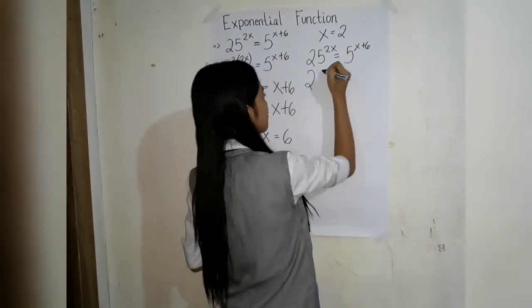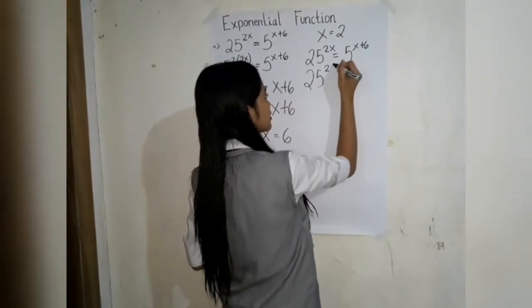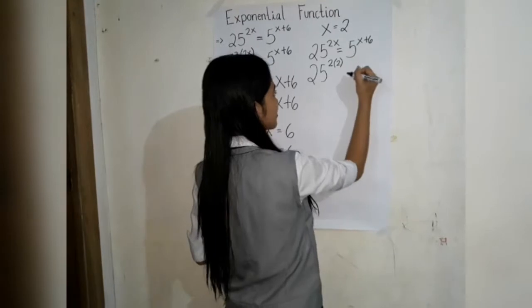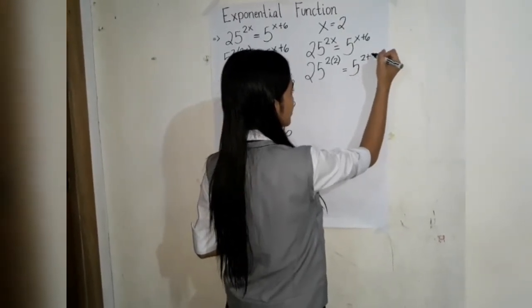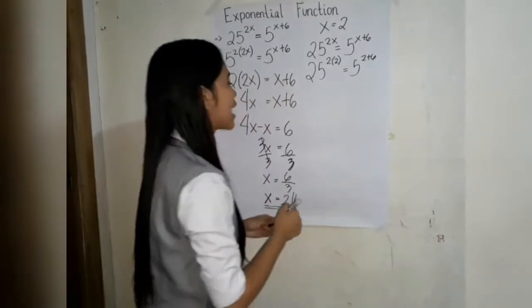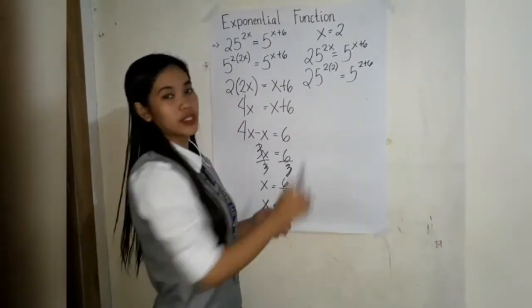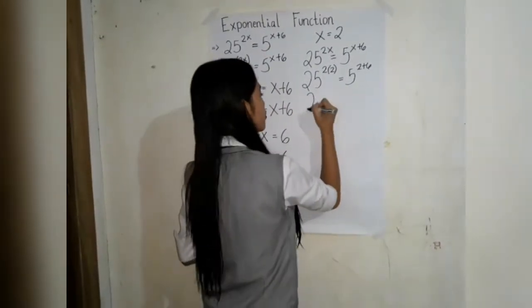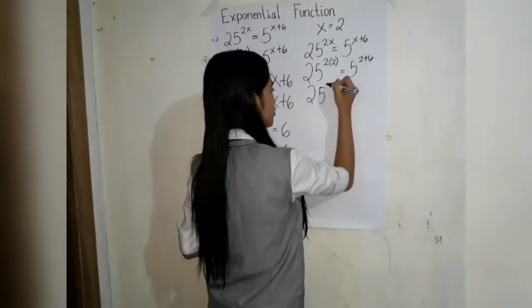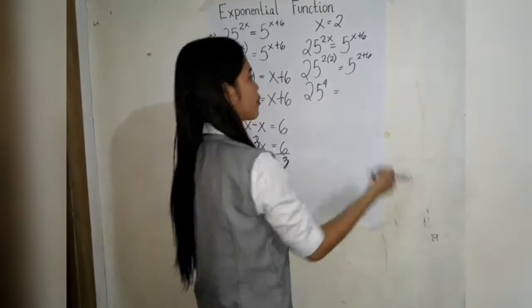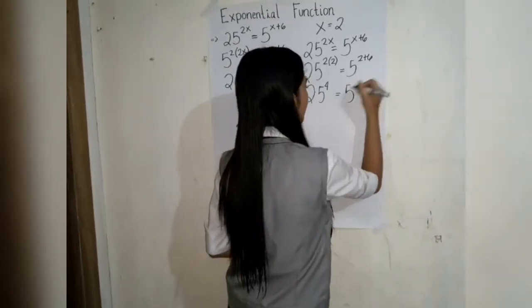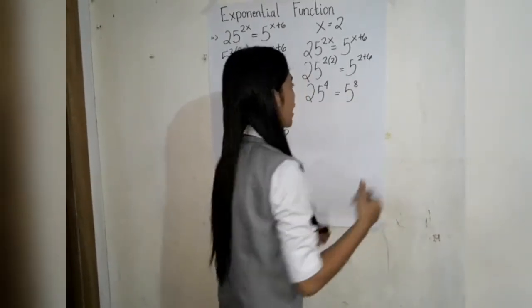So, 25 raised to 2 times 2 is equal to 5 raised to 2 plus 6. Now, 2 times 2 is equal to 4. So, 25 raised to 4, and 2 plus 6 is equal to 8, so 5 raised to 8.